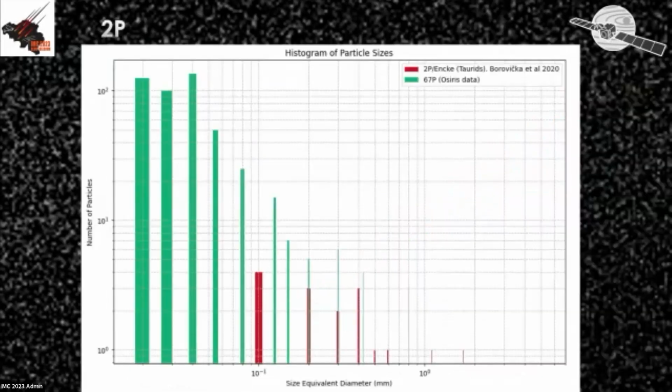I ran a little out of time, because I'm doing all this in my free time, but I was able to extrapolate some data from Borrelly, from 2P, and compare with the data that I showed you before, but just in the range of particles that I found in this paper. At first, my idea is that the results are fine.